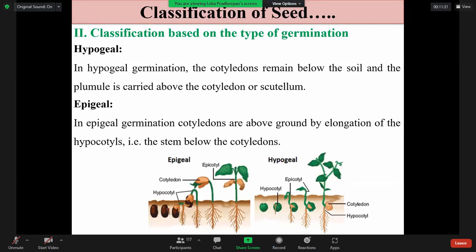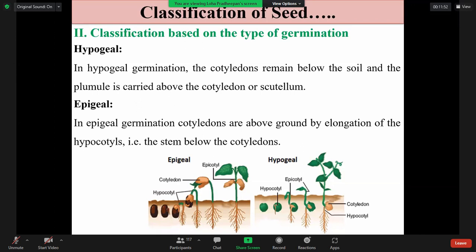Then another type of classification we are able to see in the seed is based on germination, how it is growing, whether the seed is at the bottom or above, and in which way it is growing. So we call that hypogeal germination and epigeal germination.